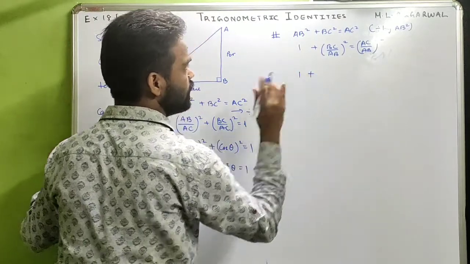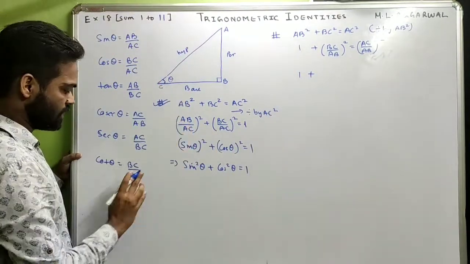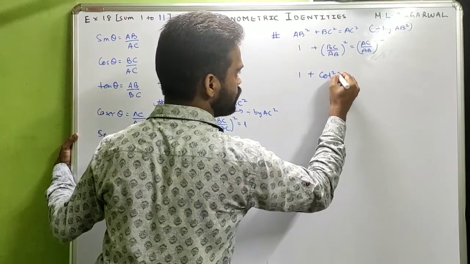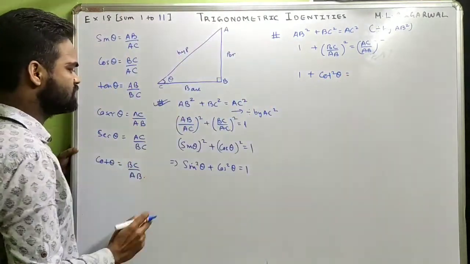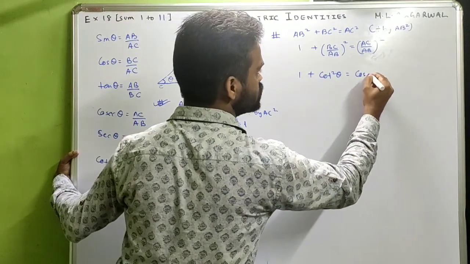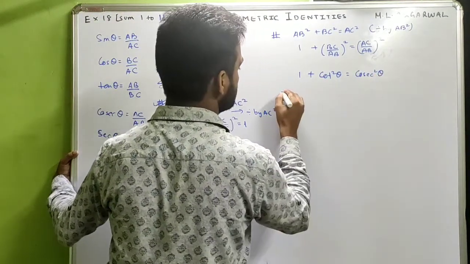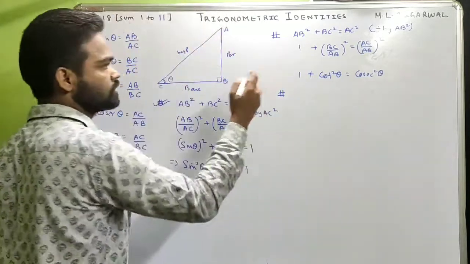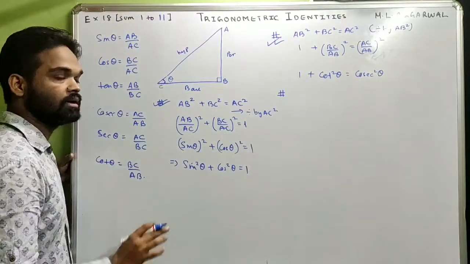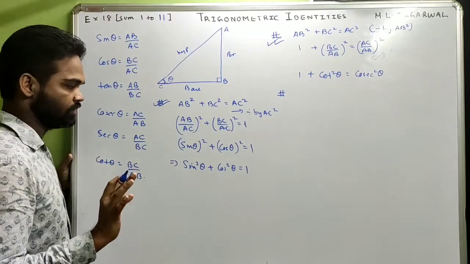This becomes 1. And look carefully. BC by AB is nothing but cot θ. So this becomes cot² θ. And AC by AB is nothing but cosec θ. So this becomes cosec² θ. Am I clear or not? So this is your second identity, which is 1 + cot² θ = cosec² θ.